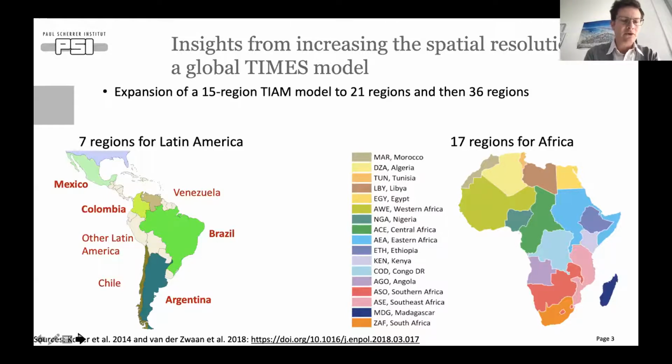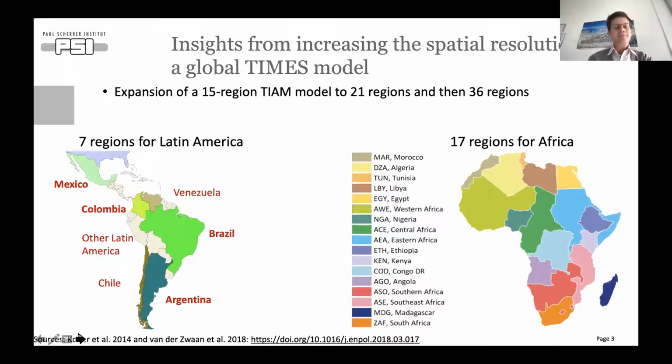One project focusing on Latin America, where we expanded to 7 Latin American regions. And while Mexico, Colombia, Brazil, and Argentina were of particular interest in that project, we also detailed Venezuela and Chile as specific regions here, just due to the fact that Venezuela has an important role in exporting oil products.